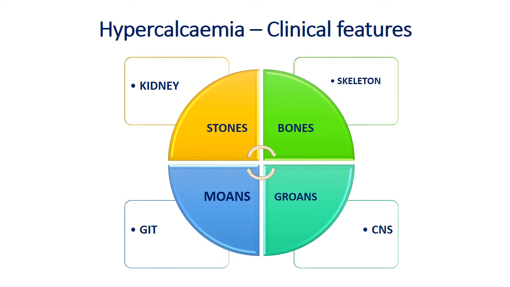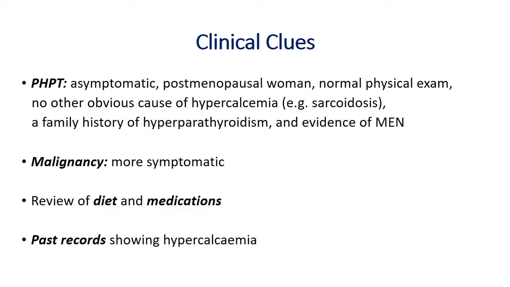The cardiovascular system might be affected in the form of a shortening of the QT interval, in the form of bradycardia and hypertension. So multiple systems might be affected in different permutations and combinations, but a big number of patients with hypercalcemia might actually be totally asymptomatic.